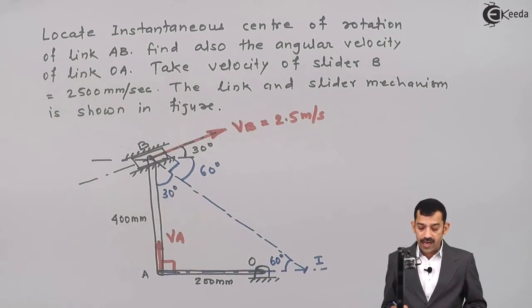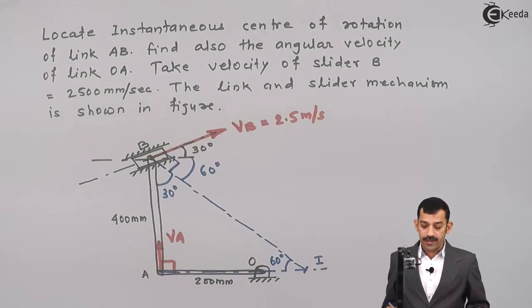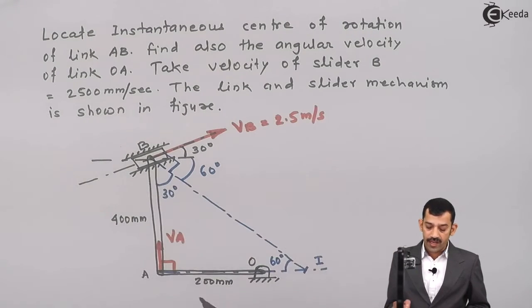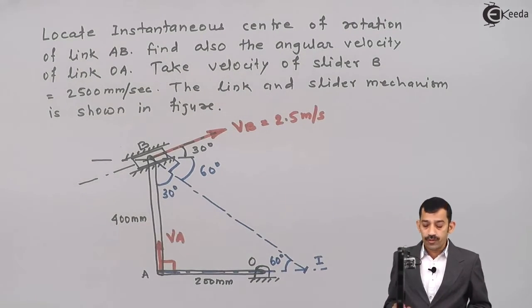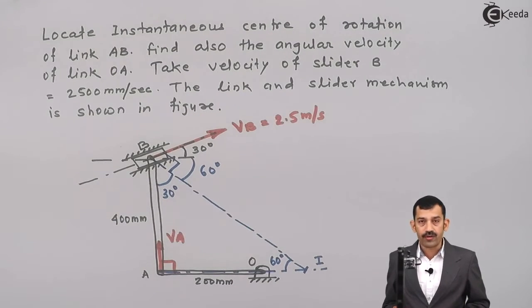Now in triangle IAB, you know length AB equal to 400 mm and all angles. Using the sine rule in triangle IAB, we get IA and IB. Then using VB equal to IB into omega AB, we find omega AB. Once we get omega AB, VA equals IA into omega AB gives VA.